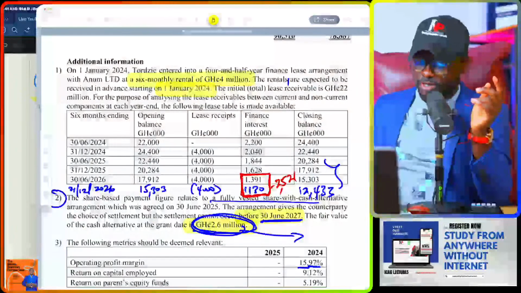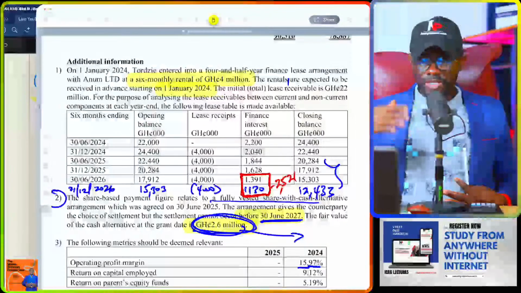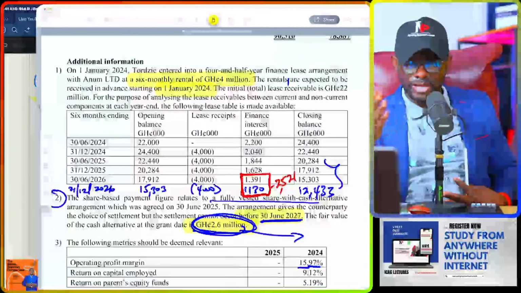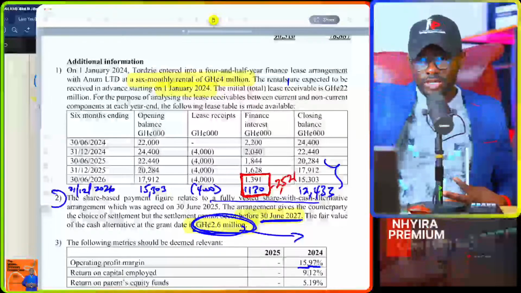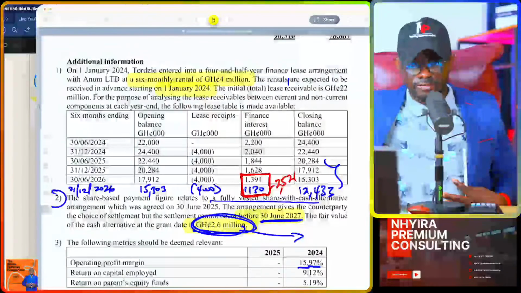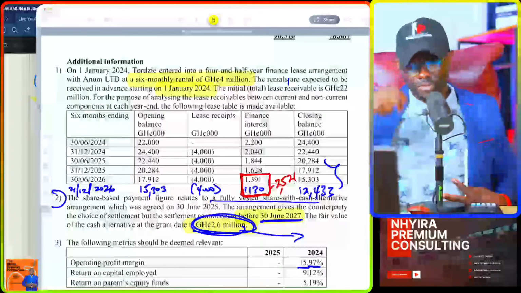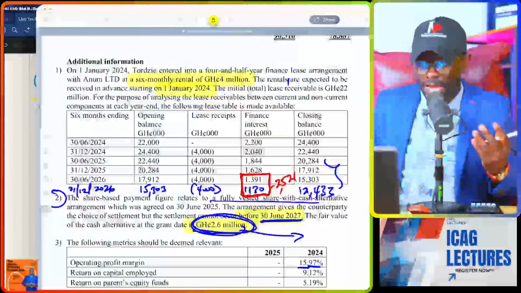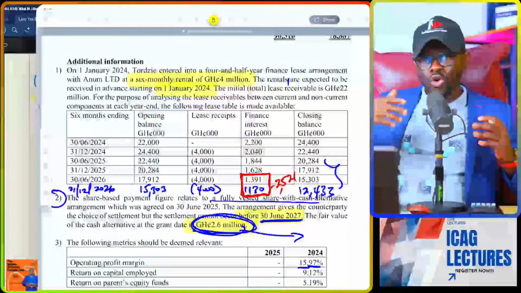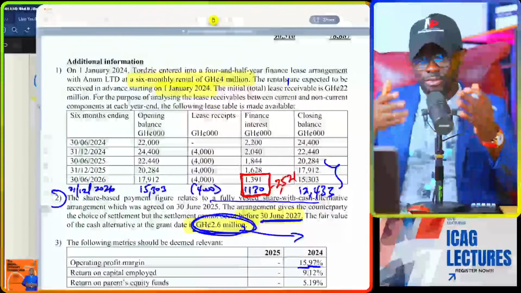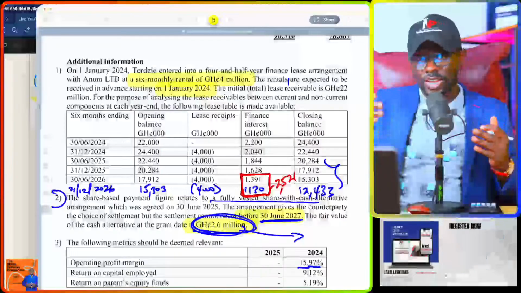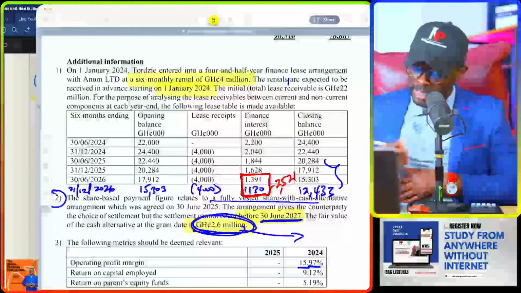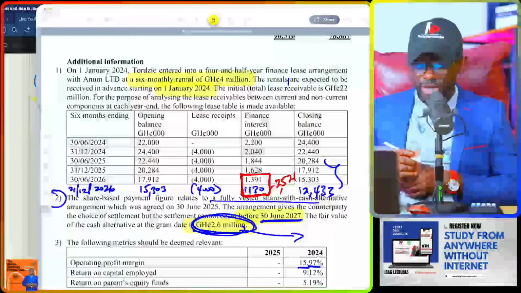If the rentals are received in advance, then the current asset component of the rental receivable will be the total rental receivable less the interest component, or the finance income component. You know this from IFRS 16. The initial total lease receivable is 22 million.